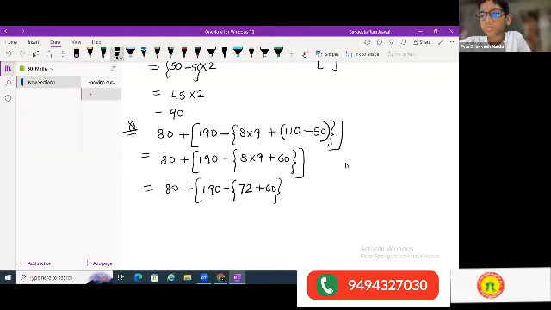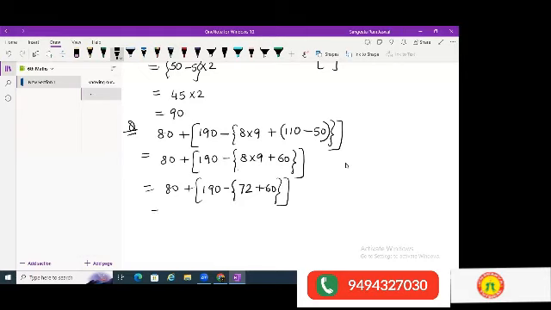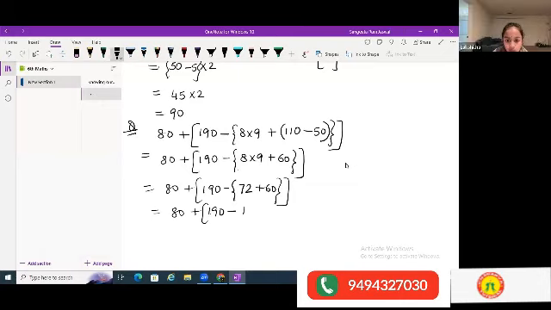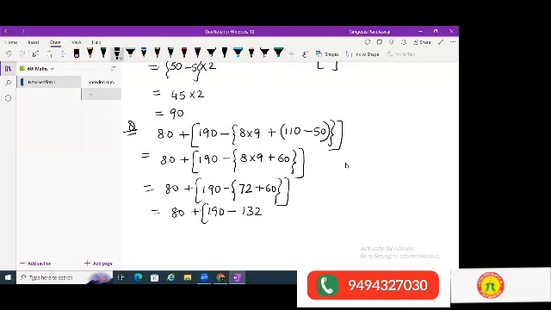Okay, again bracket like this. We are still inside the bracket. Now 80 plus 190 minus. Now 72 plus 60 is how much? 132. Okay. So now we have come outside the bracket because we have solved the inside part. Right? Now the second bracket is also gone.